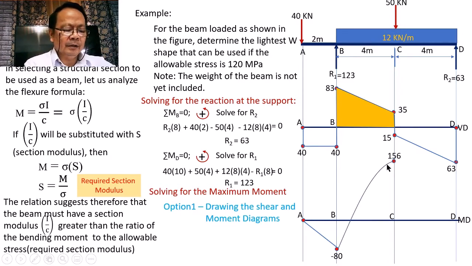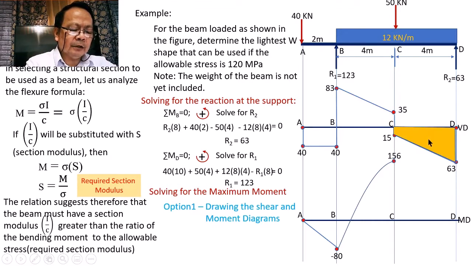Di ba? Ngayon, how are we going to solve for the moment at D? Now, if we will be subtracting from 156 this area, di ba? Anong mangyayari? So, you will go back at 0. Di ba? And how will these 2 points be connected? Again, this is a downward direction of the uniformly distributed force.